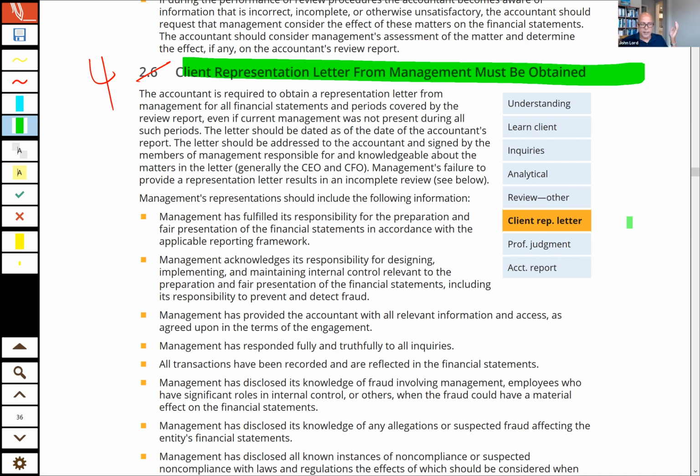And it was what? Very obligatory things like management is responsible for the financial statements. They're responsible for the internal control. And then remember, I drew that line and I said the rest of the stuff is stuff that is hard to audit. Issues related to fraud, subsequent events, completeness of information. Remember that discussion? Same sort of thing that goes into the review management rep letter.